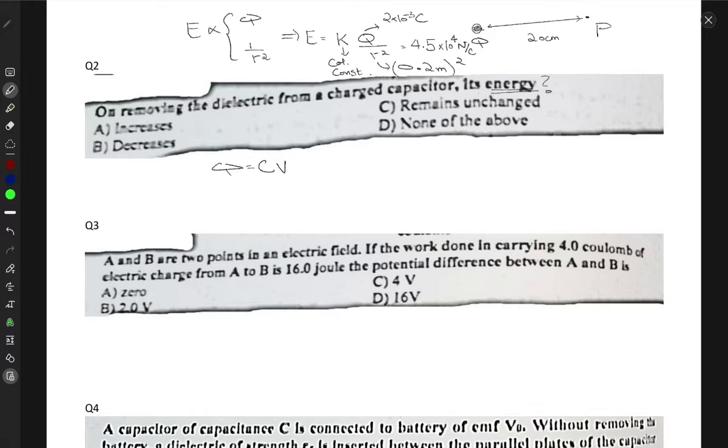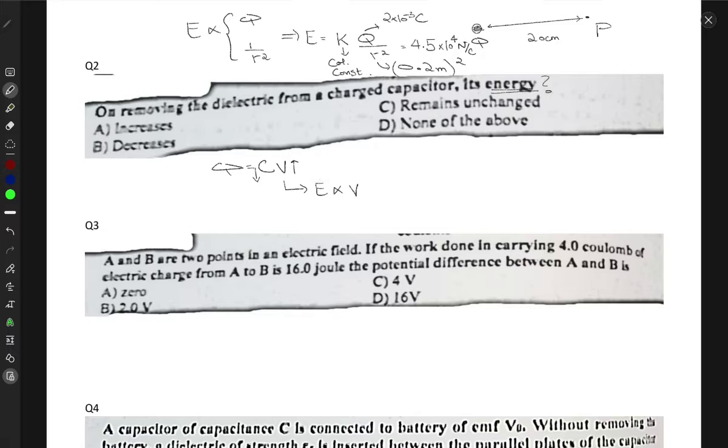Of course the charge is going to be a constant. So if capacitance decreases, then the voltage or the potential difference is going to increase. And if potential difference increases, then the energy is going to increase, because energy is directly proportional to the potential difference between the two plates.